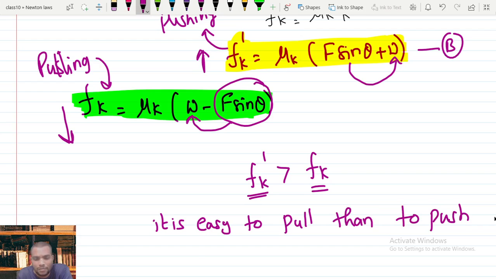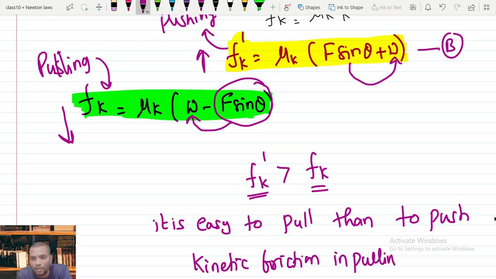What is the reason? Because the kinetic friction in pulling is less than in pushing.